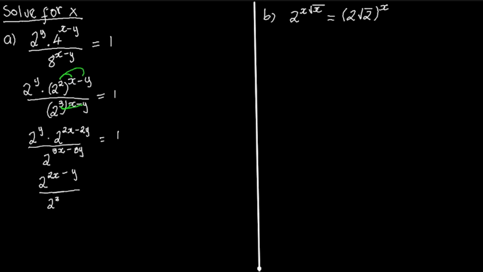So on our denominator, we still have 2 raised to the exponent of 3x minus 3y equals 1. So in this case, guys, since I'm having a fraction, you can choose to use the second law of exponents, or you can simply use cross multiplication.